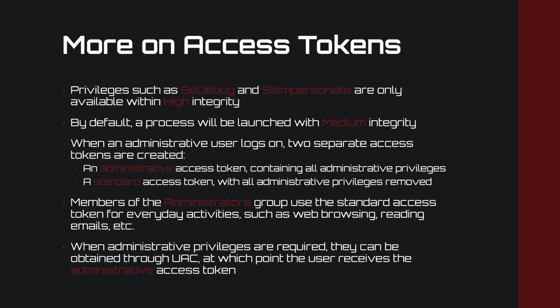So for everyday actions such as web browsing, reading emails, etc., the standard access token is used to minimize the impact of potential threats. Only when administrative privileges are required, an administrator can obtain them through an elevation prompt raised by the UAC, at which point they will receive an administrative access token.